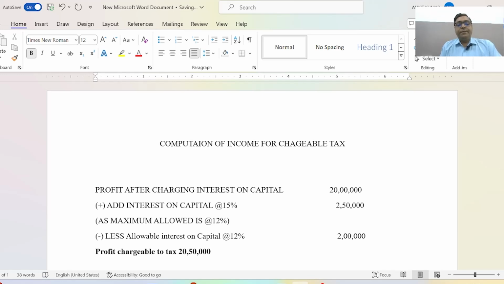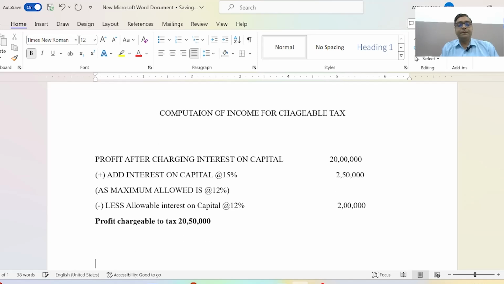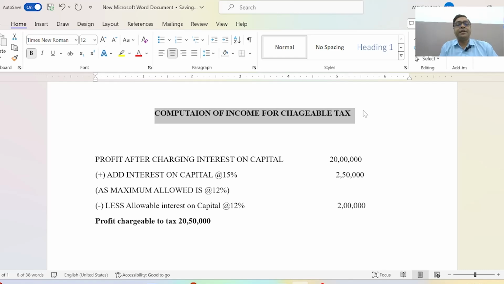Now one question is remaining. First of all, I will repeat again. In this question, RMS Enterprise has a book profit of 20 lakh rupees for the assessment year 24-25.